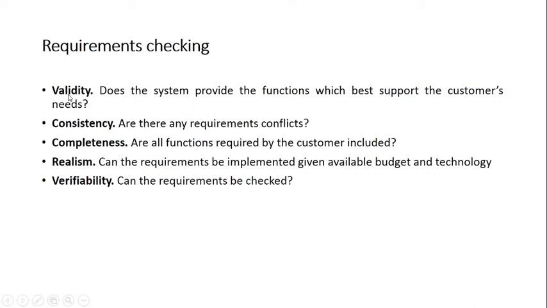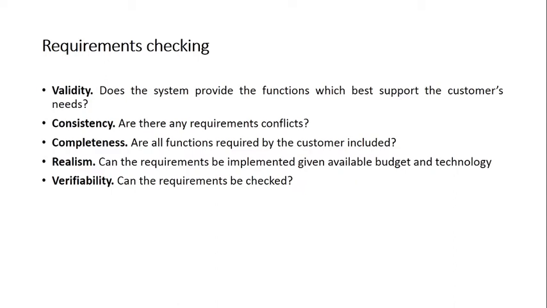Now what are we supposed to check? We check validity. Does the system provide the functions which best support the customer needs? Are these valid requirements, which are going to fulfill the users' or customers' needs? Consistency. Are there any requirement conflicts?